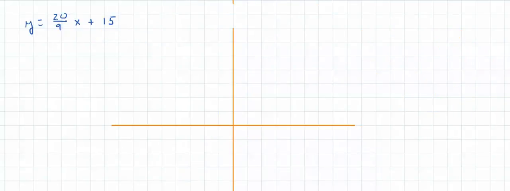All right, next example, y equals 20/9 x plus 15. Well, again, I look at the 20, I look at the 15, and a logical scale to use is 5. I look at 9, I could go by 3s or I could go by 1.